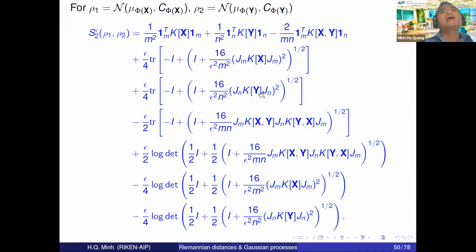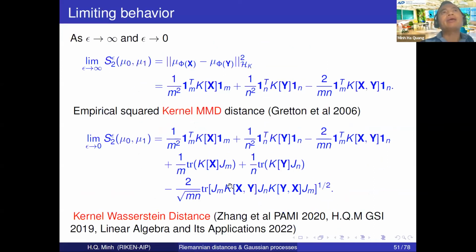It looks horrible, but it's just to show you that we have a closed form formula in terms of the Gram matrix. When epsilon goes to infinity, we just get the maximum mean discrepancy, the distance squared between the two RKHS means. When epsilon goes to 0, we have the square of the Wasserstein distance.